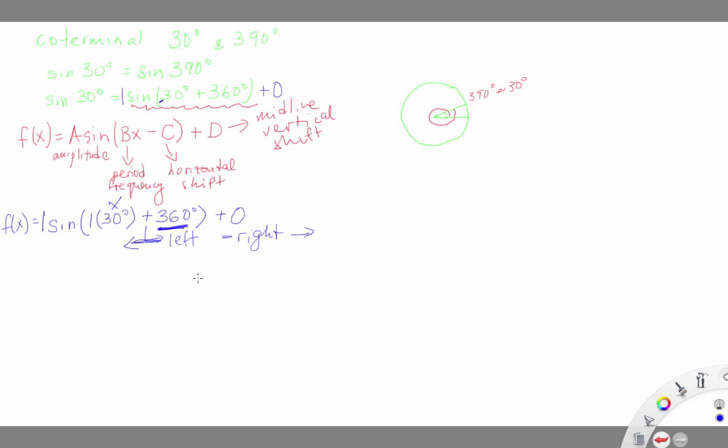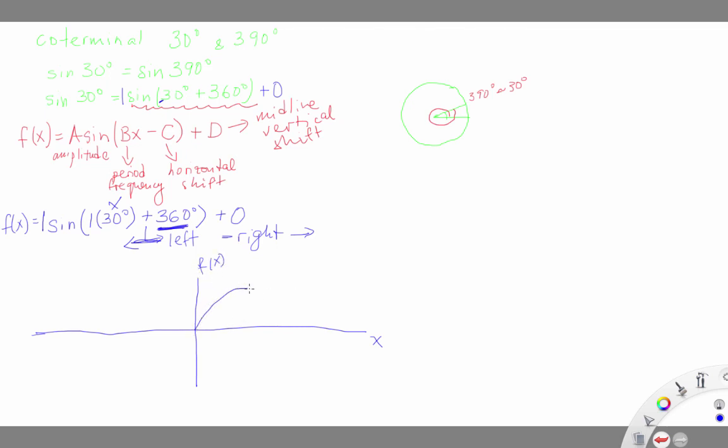So let's see what this will look like. If we have our little coordinate plane, this is our x-axis and this is our f of x-axis, or y-axis.